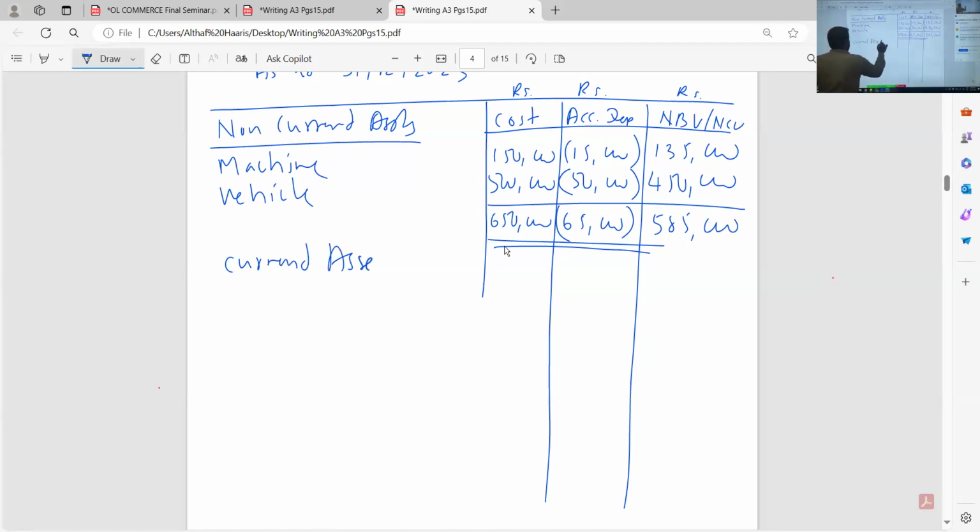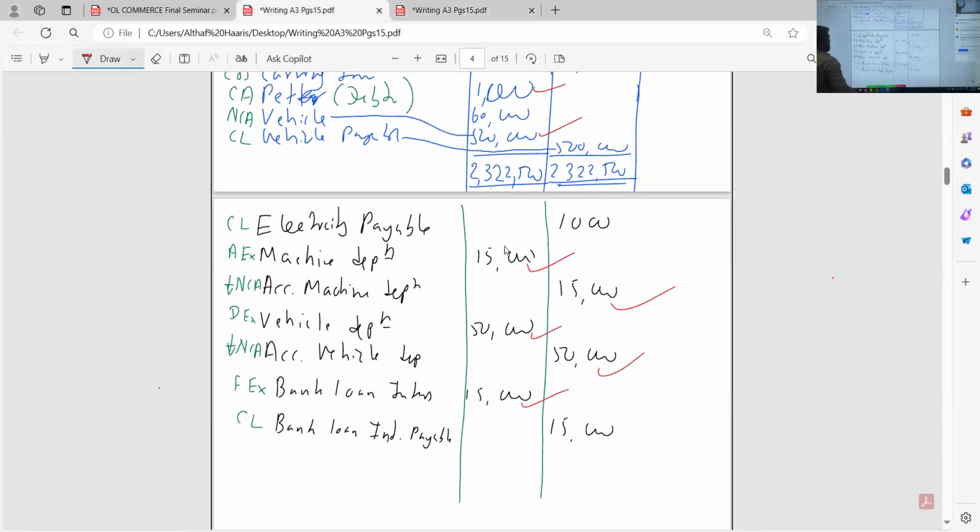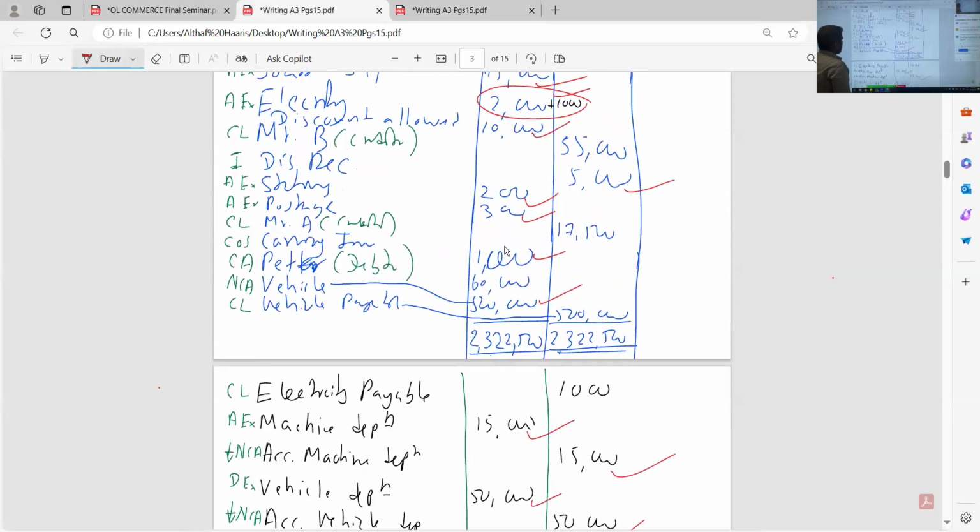Current assets. Cash is there, petty cash is there. So we'll start with the inventory. Then you have the debtors. Who are the debtors that we have in this question?